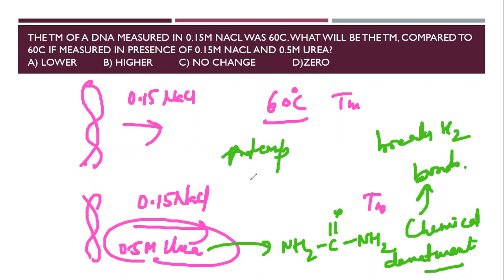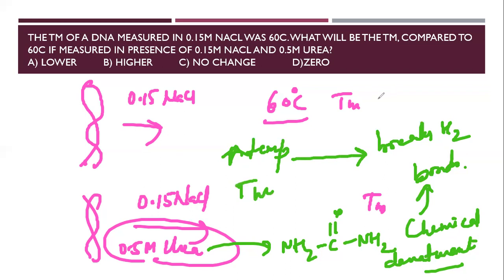Just say whatever comes to your mind. What happens to the DNA molecule? It denatures. So even if you increase the temperature, it is going to break the hydrogen bonds. In the presence of urea, urea is already breaking the hydrogen bonds. So what will happen to the Tm then?